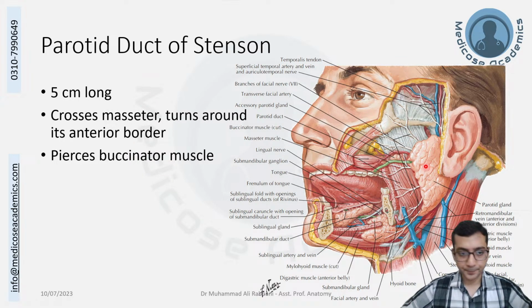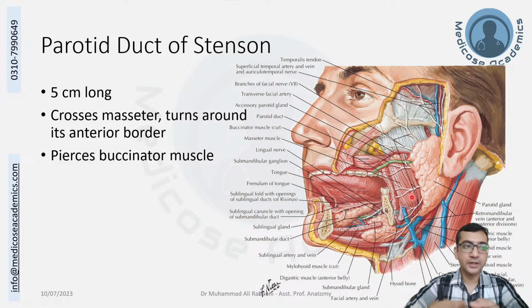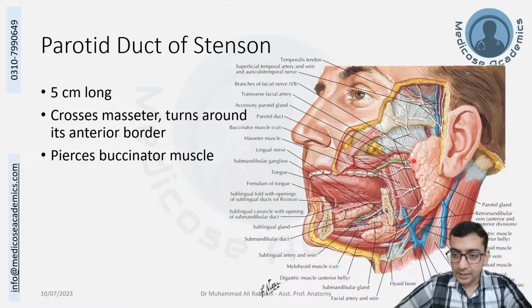Parotid duct of Stenson. This is the anterior border of the parotid gland. It emerges near the anterior border from the intermediate surface. It crosses on the surface of the masseter muscle.